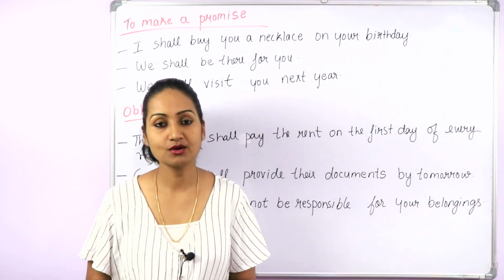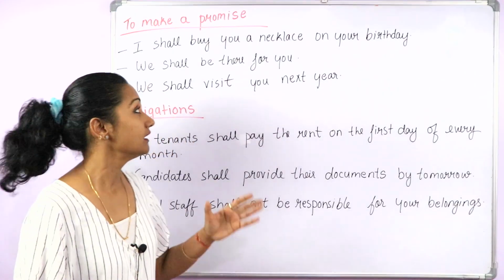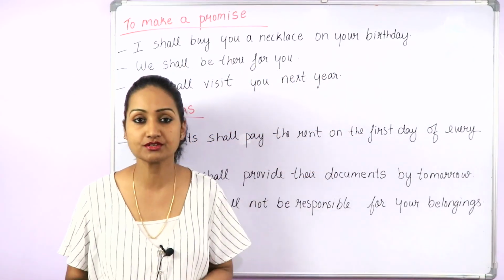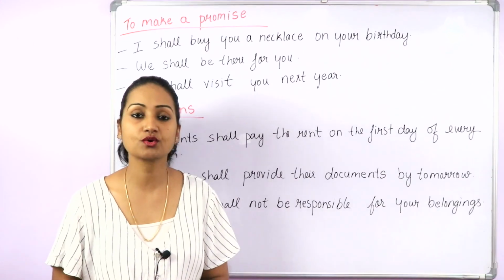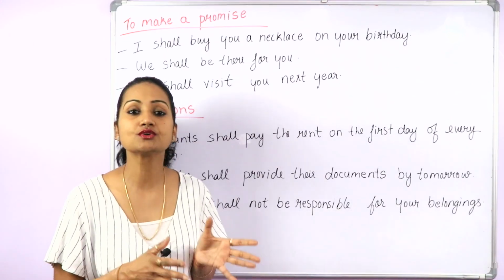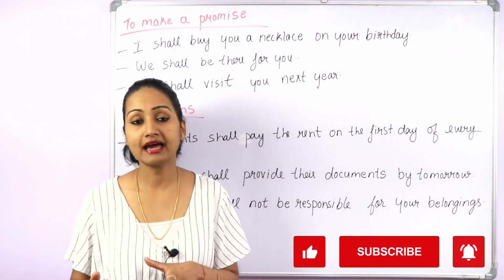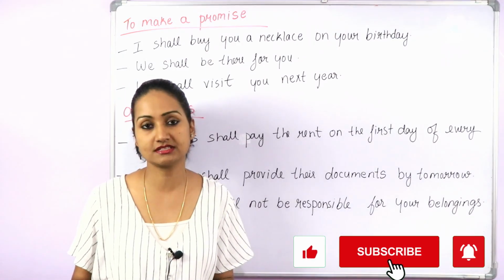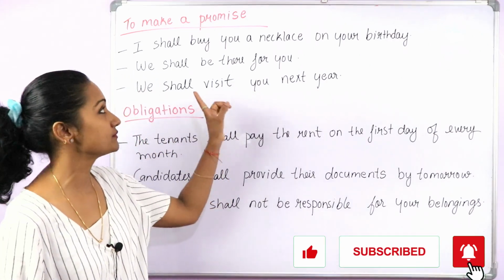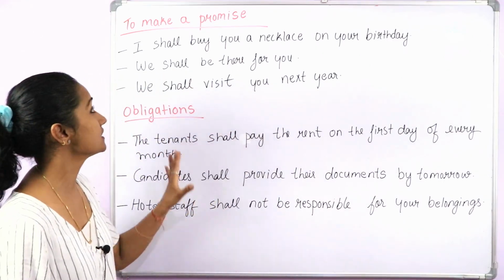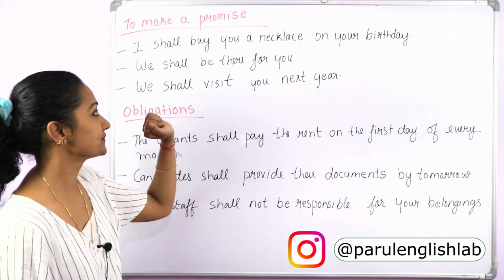Next we use shall when we make a promise. I shall buy you a necklace on your birthday. I promise you I shall buy you a necklace on your birthday. Here you can use will also. To make promises we can use shall or will, and you don't have to make an interrogative sentence over here because here it's about promise, so make a declarative sentence, but use shall with I and we.